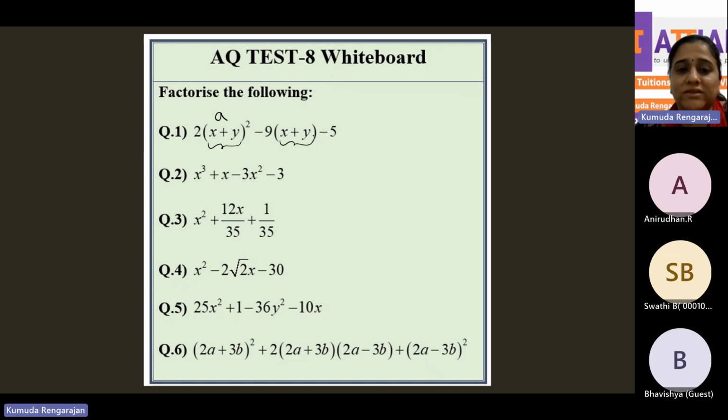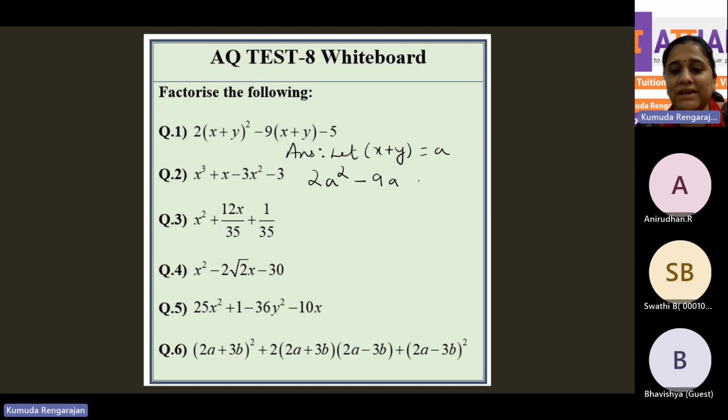So you start like this. For the first one, let x plus y be equal to a. Now rewrite the given expression. So it will be 2a square minus 9a minus 5.